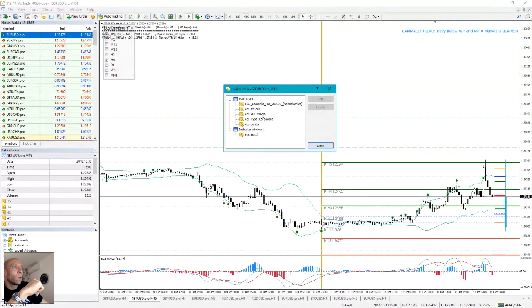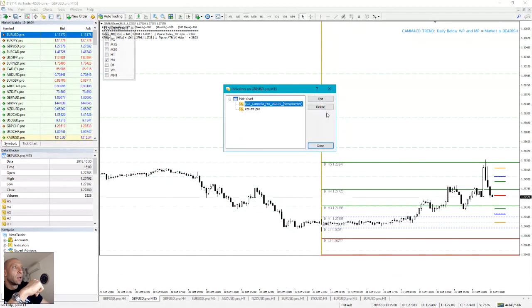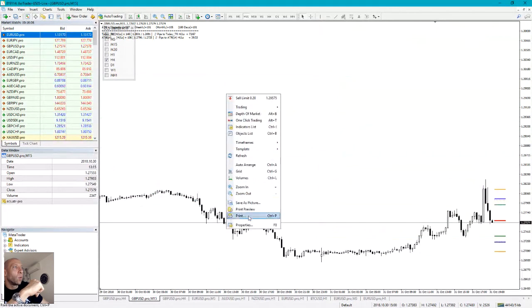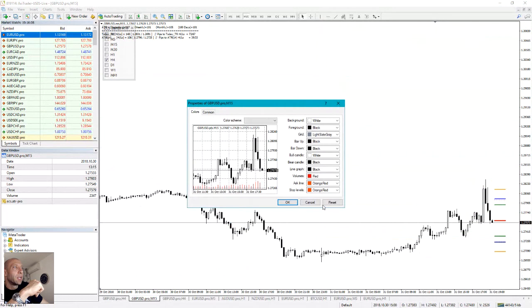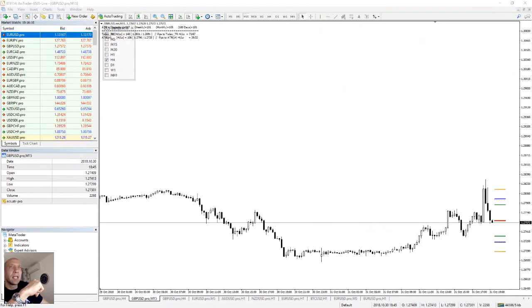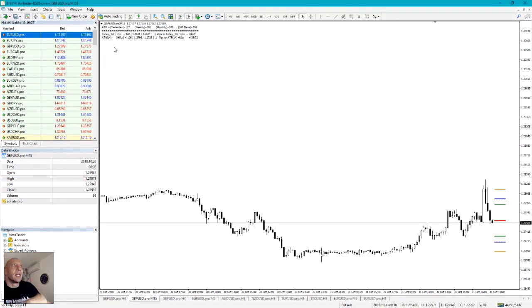We will remove all of the indicators and leave only one. And now with the objects list, just give me a few seconds, guys. I will slowly delete it all. Just give me a few seconds and everything will be deleted from the chart except this ATR indicator.